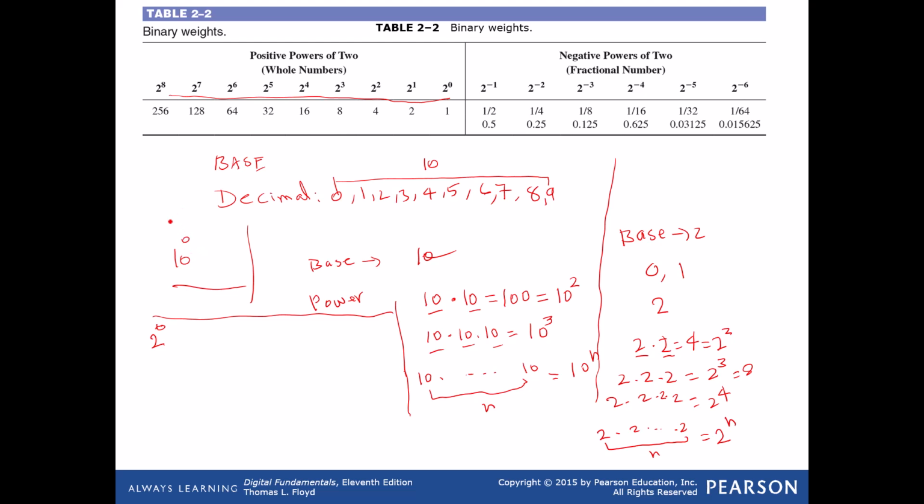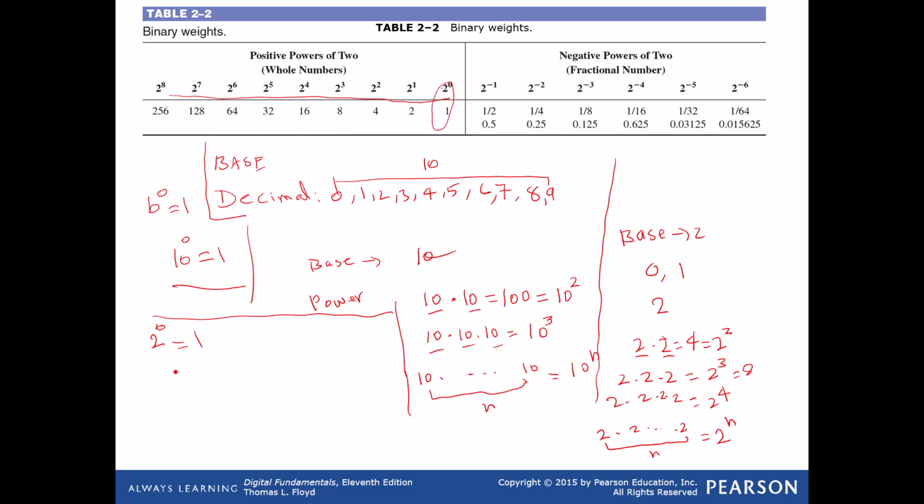In general, if I have any base whatsoever, 10, 100, 1000, anything, I'm going to indicate it as b, then b to the 0 is always equal to 1. So 10 to the 0 is 1, and 2 to the 0 is 1. And you see it here.